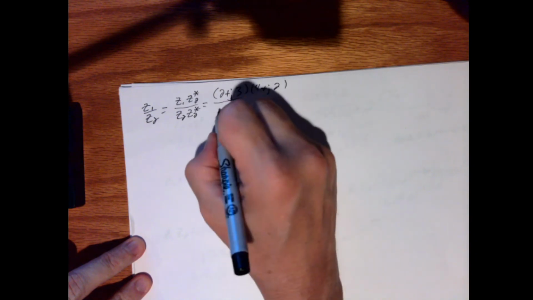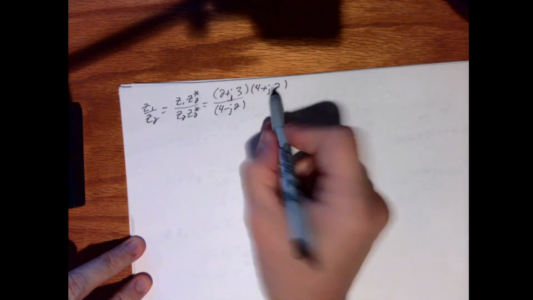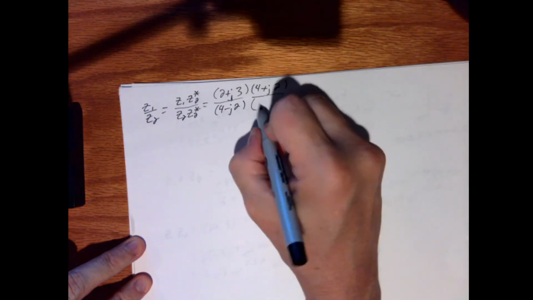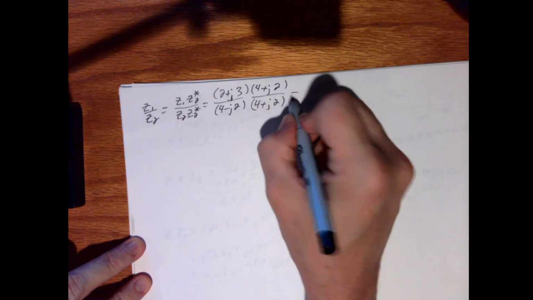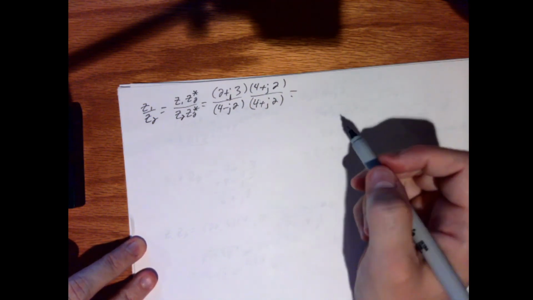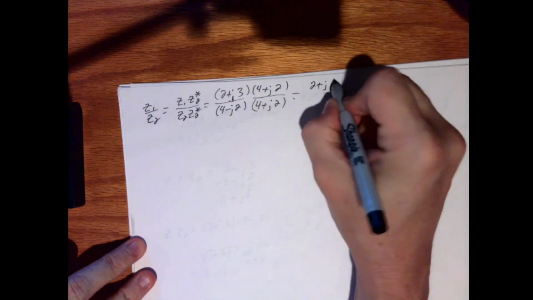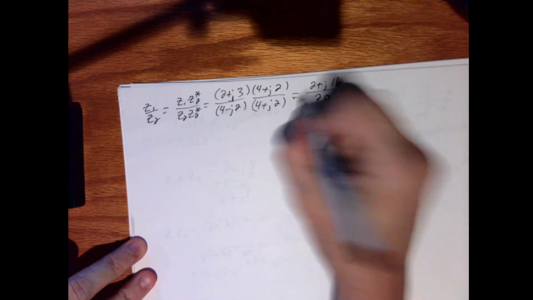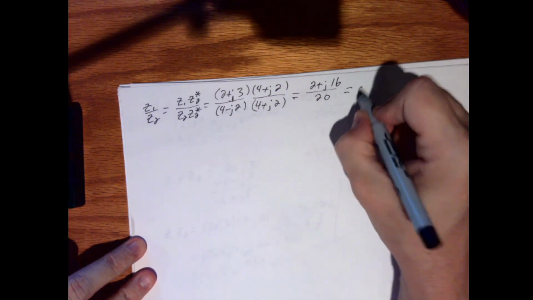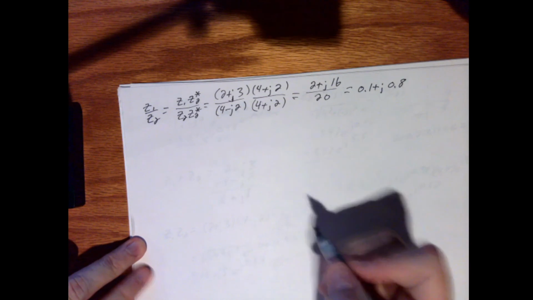So the denominator was this, 4 minus j2. The complex conjugate of that, the minus becomes positive. And if we cut right to it, this becomes 2 plus j16 over 20, which is equal to 0.1 plus j0.8.